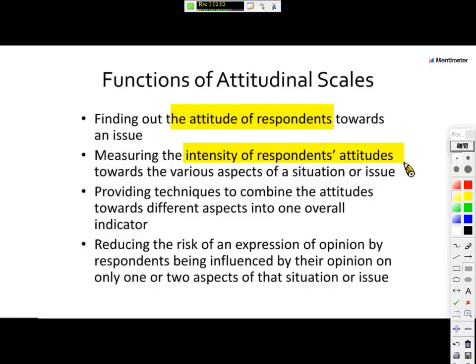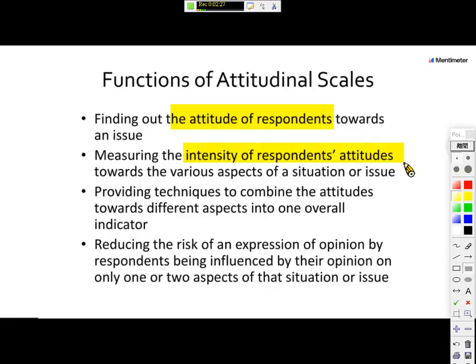For example, by the end of the semester, before you choose the courses you want to take for next semester, normally you will be asked to do a survey to evaluate the teacher's performance in the class, right? So that is a kind of attitudinal scale too.